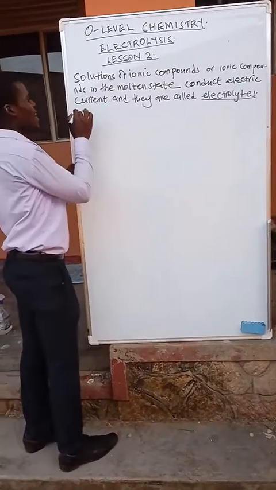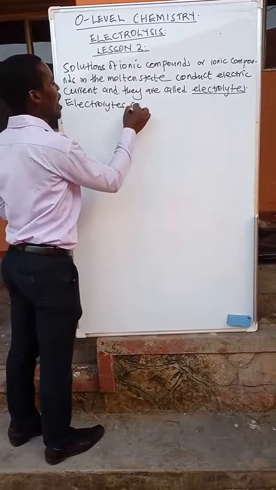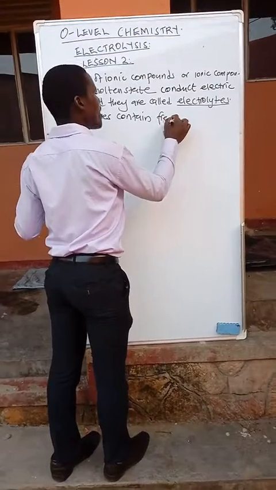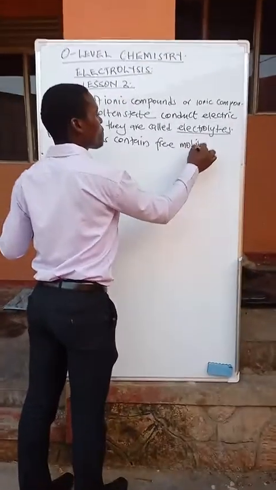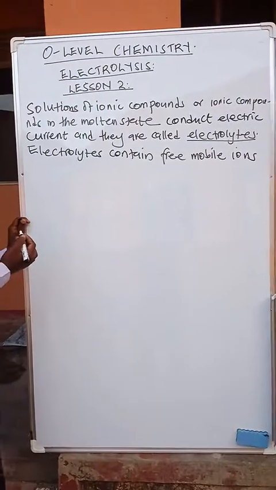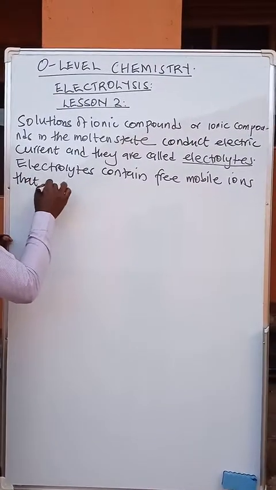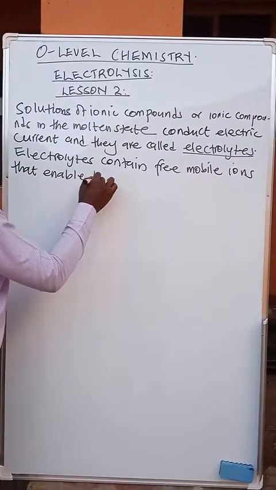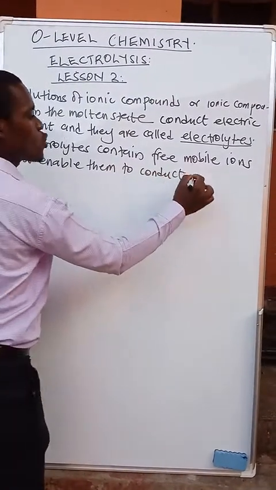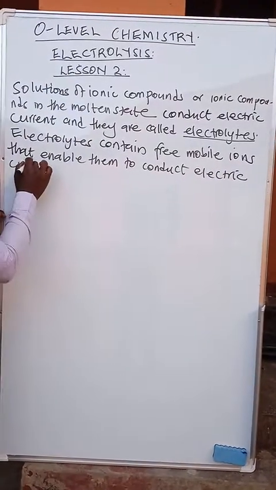Yes, now we are saying that electrolytes contain free mobile ions. Electrolytes contain free mobile ions that enable them to conduct electric current.